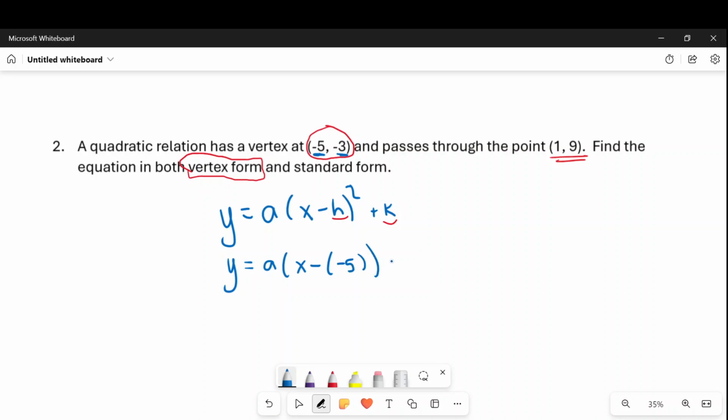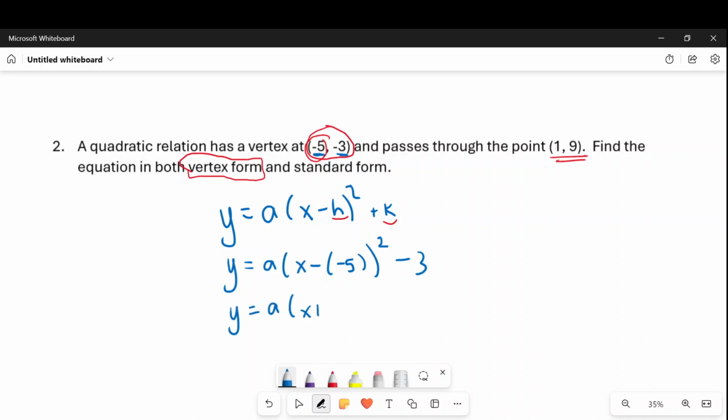And notice, to make this video even more helpful, I'm subbing it in and doing a slightly slower process here. So the formula says to take x, subtract h, and h is -5. So x minus -5 is going to become x plus 5.